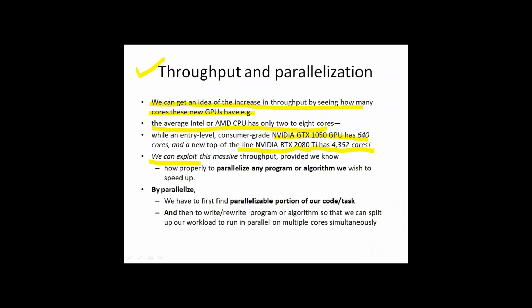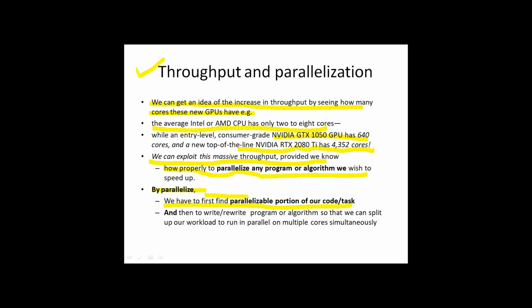So we can see that we can exploit massive throughput, but we must see how properly we can parallelize the program or algorithm we wish to speed up. By parallelizing, we first have to find the parallelizable portion of our code.